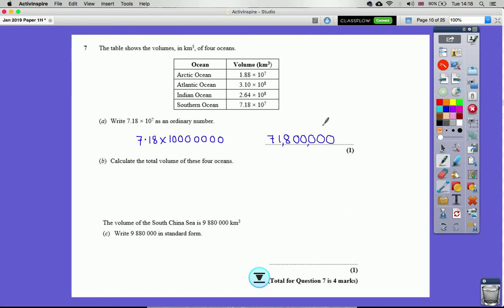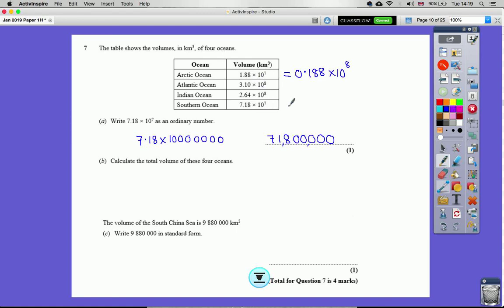Calculate the total volume of these four oceans. Now here what I tend to do is try to make all the powers the same. So this one, instead of 1.88 times 10 to the power of 7, I can write 0.188 times 10 to the power of 8. Now this is not in standard form, but I'm doing it just for the sake of making the powers the same.